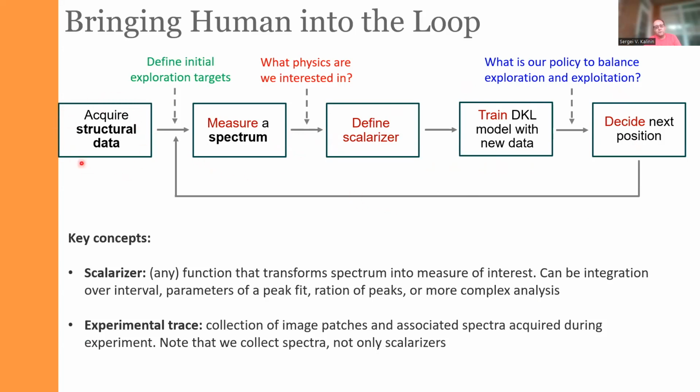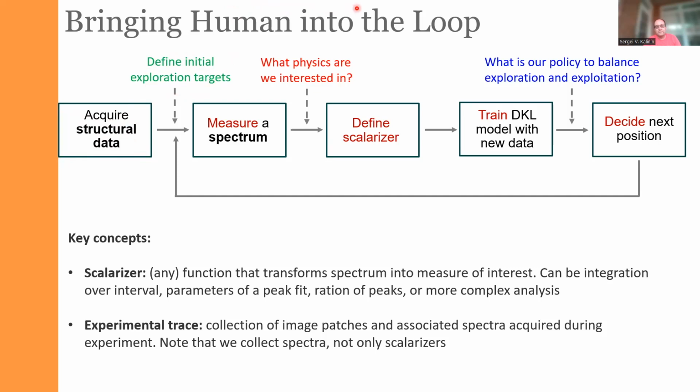We start with the acquisition of the structural data. This is the part that we cannot change, because this is a fairly narrow workflow. It starts from the moment when we have the overview scan. So this is where we start. However, the first target for human intervention is the definition of the initial exploration targets.